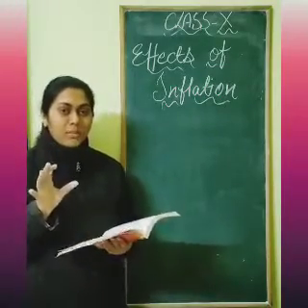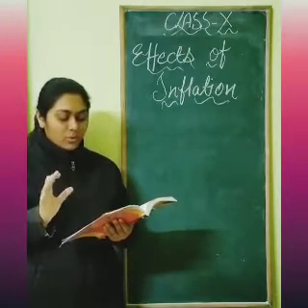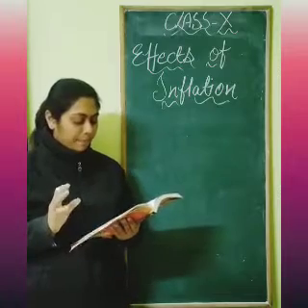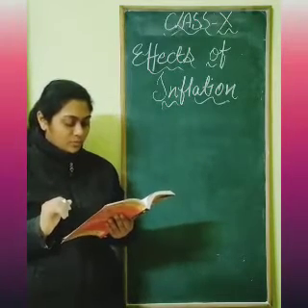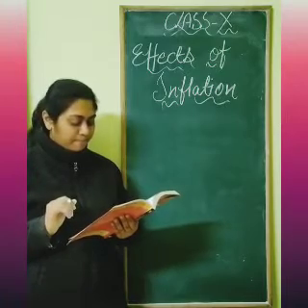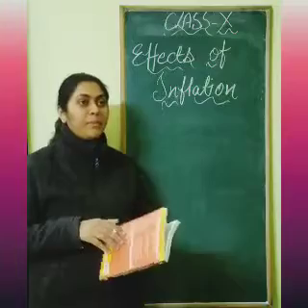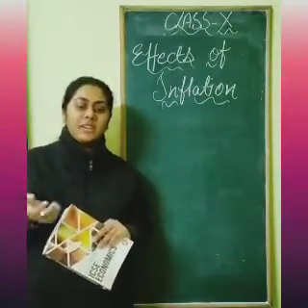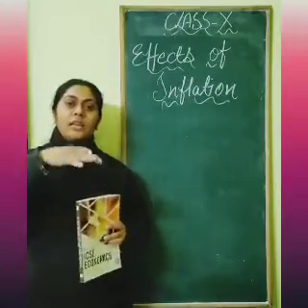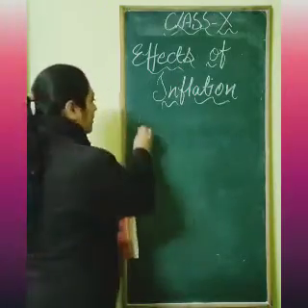On fixed income groups: government servants, owners of government securities and promissory notes. The people with fixed incomes are affected, though not highly affected, but still they are affected because the income is fixed.